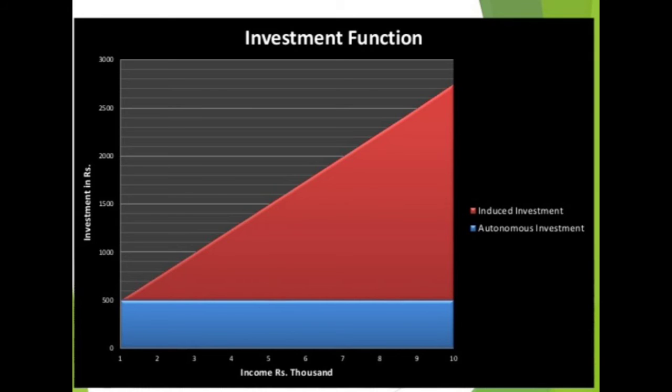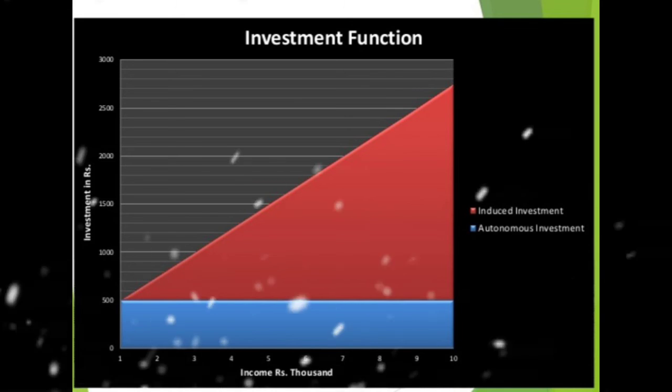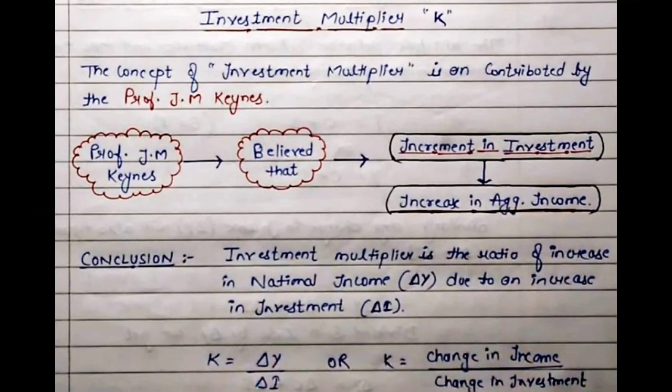To make you understand, I will give you this definition. This concept was contributed by Professor J.M. Keynes, who believed that the increment in investment and the increase in aggregate income, combined in a ratio, is known as the investment multiplier. Now I give you one example.